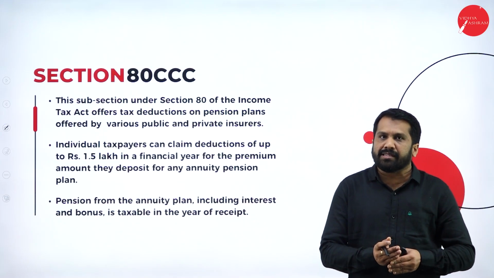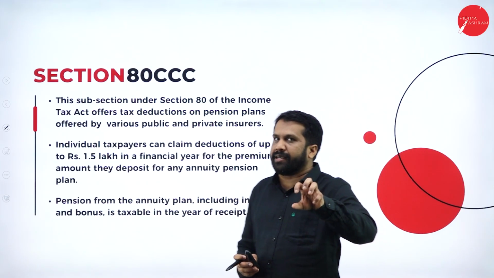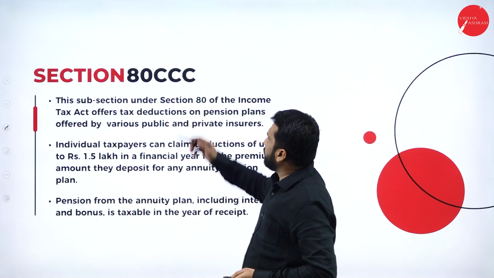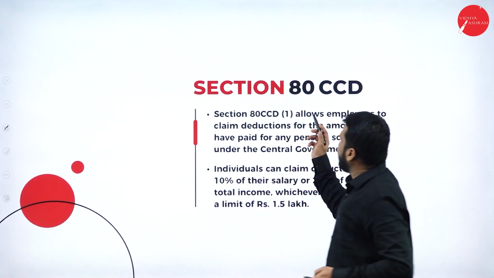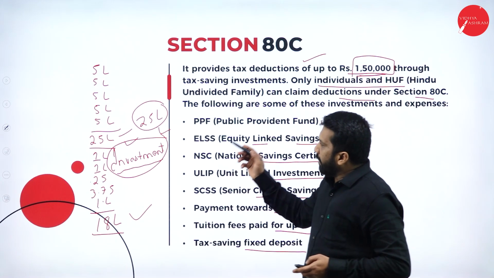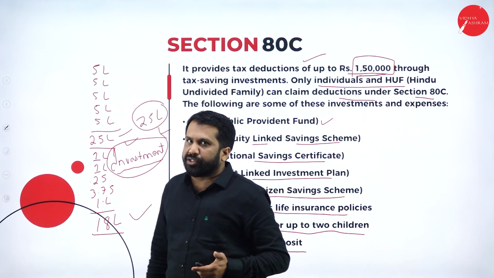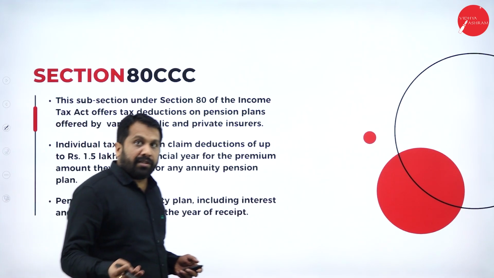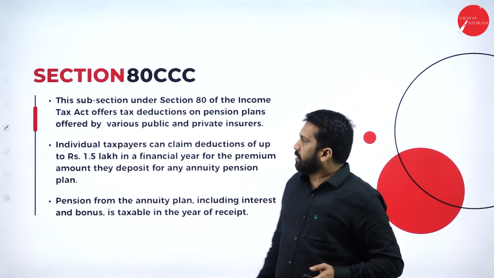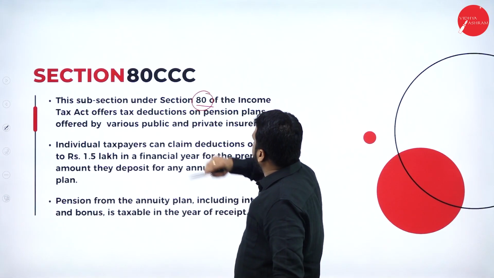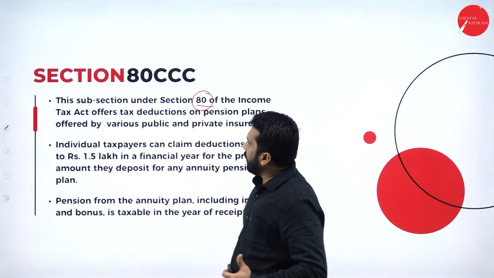Along with 80C, 80C is not the only deduction that comes under investment. Along with 80C, we have 80CCC, 80CCD. These are also part of 80C only. 80C only talks about investment. 80CCC talks about your pension fund, your gratuity fund. All those things come under 80CCC. It is a subsection of section 80 actually.